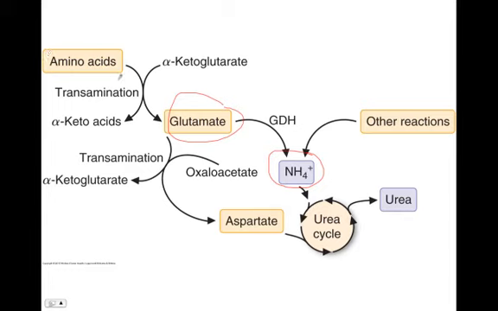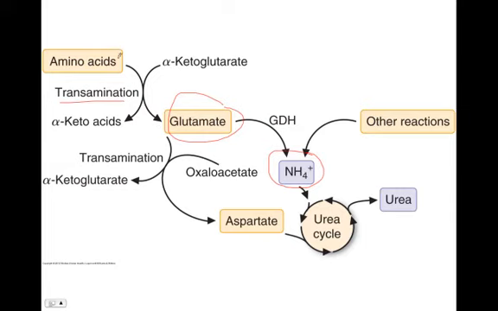This starts with any number of our amino acids, which again could come from the diet or through protein catabolism. These amino acids undergo a transamination reaction with alpha ketoglutarate to generate a keto acid and glutamate.